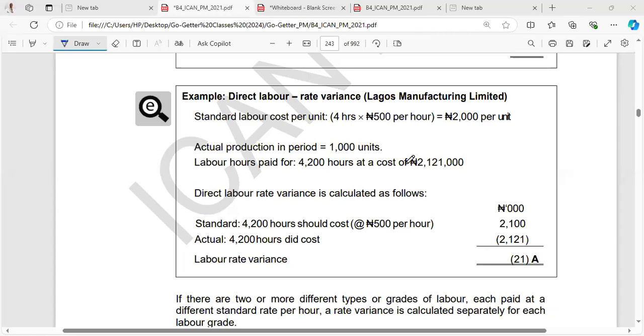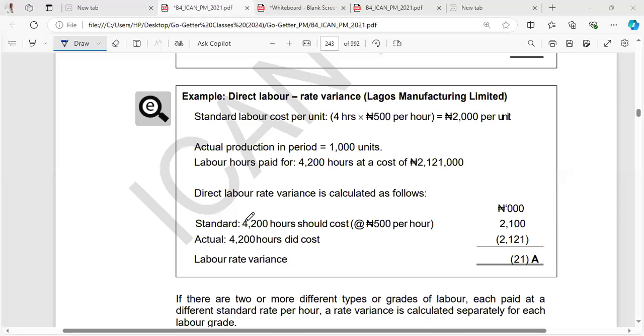There's sometimes called idle time variance, and in idle time variance, we'll do something about it. But if you look at it now, you are going to use the labor hours you are paid for. It's just like the quantity you paid for materials and the one you use. So just use the labor hours paid for, as in the case of this example.